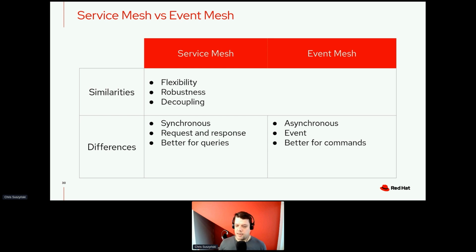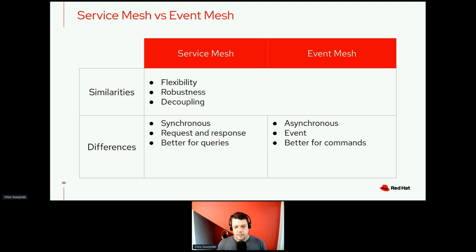But the event mesh, on the other hand, is asynchronous and based on events. Events don't have a response. We just fire the event, and the event goes to the event mesh. From the point of view of the application that fires the event, after the event is accepted, the operation is already done, right?